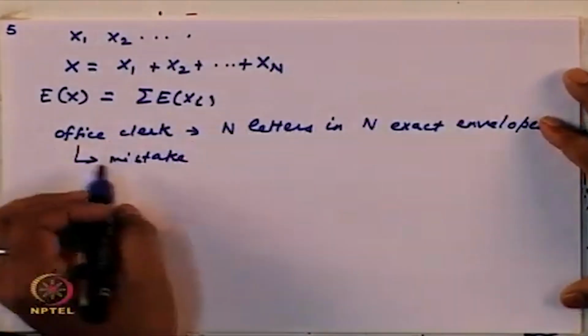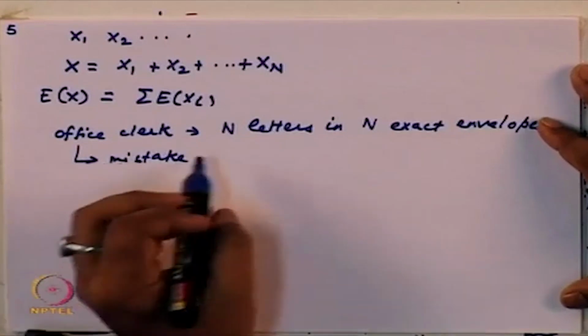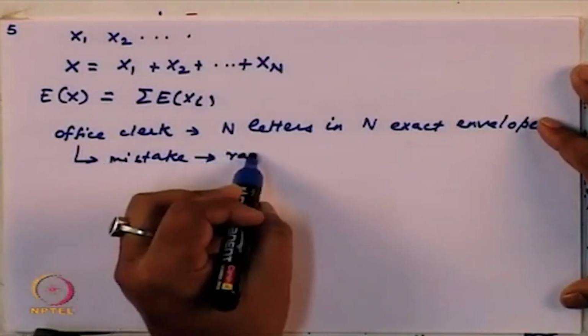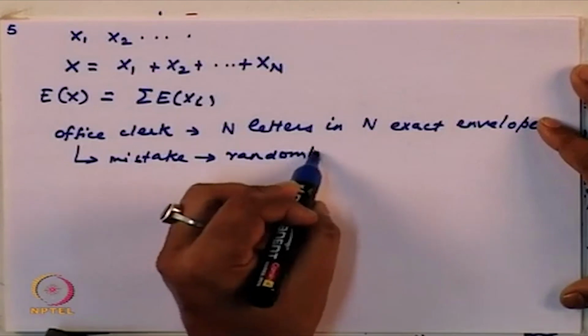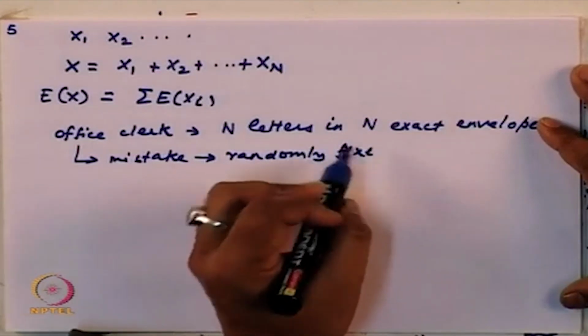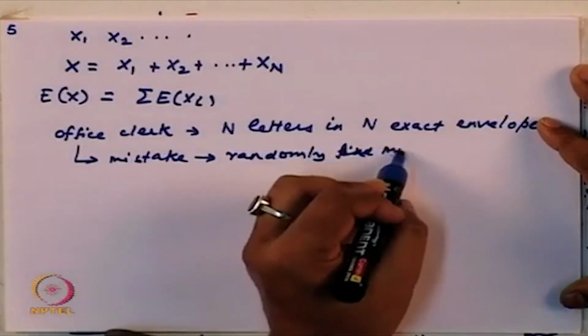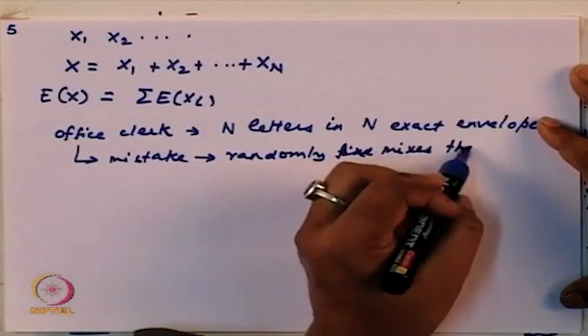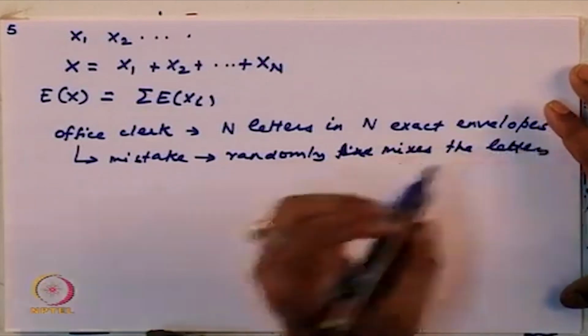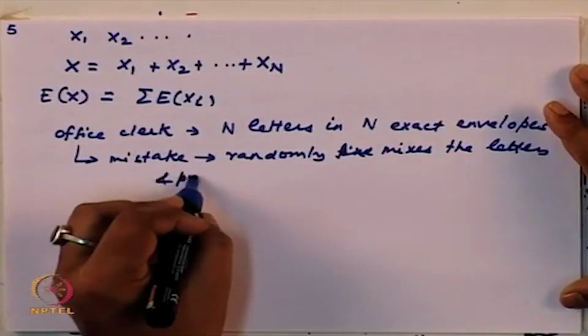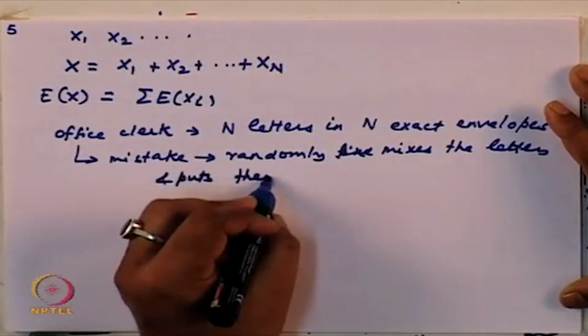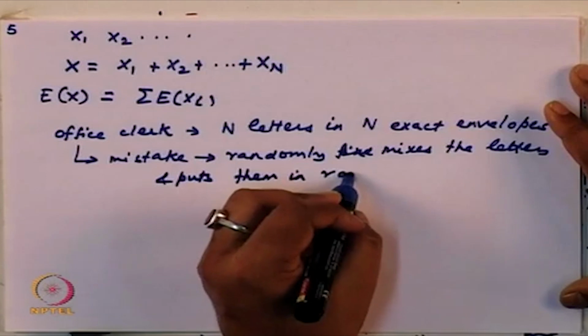The office clerk makes a mistake and randomly mixes the letters and puts them in random envelopes.